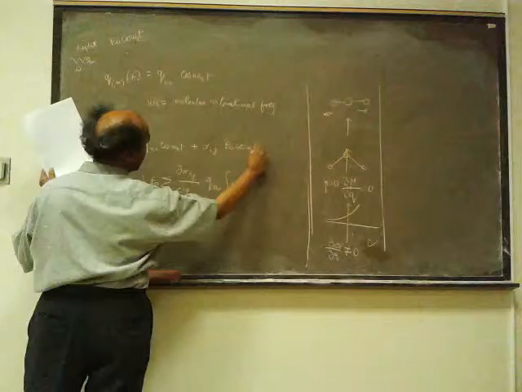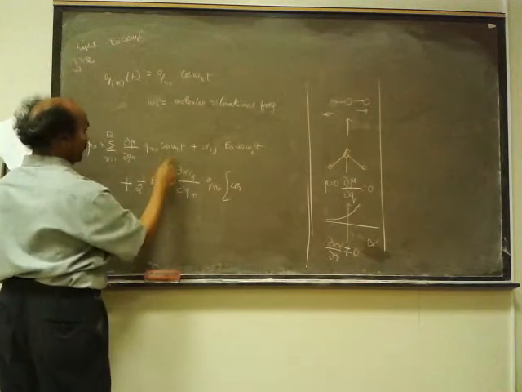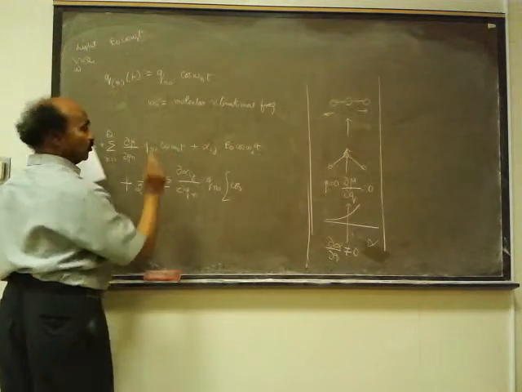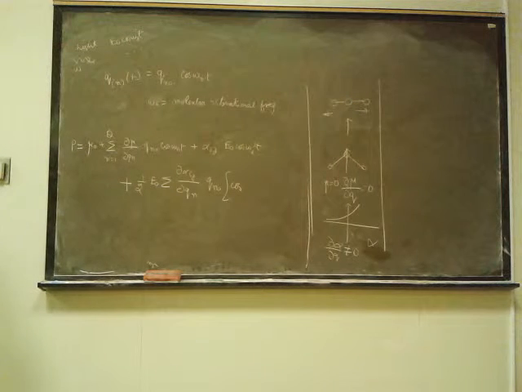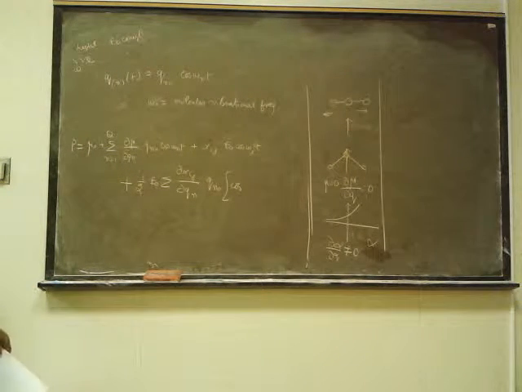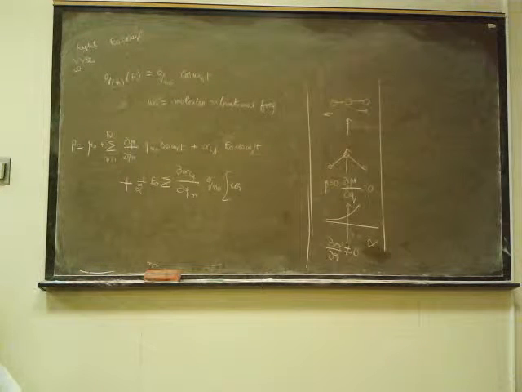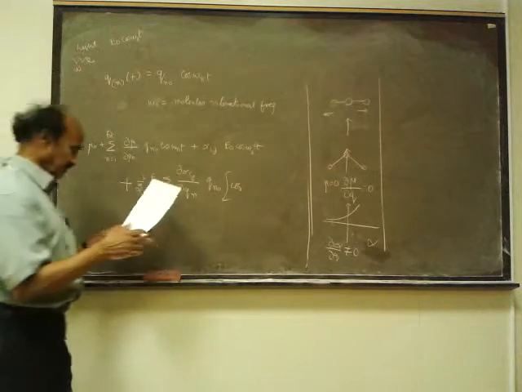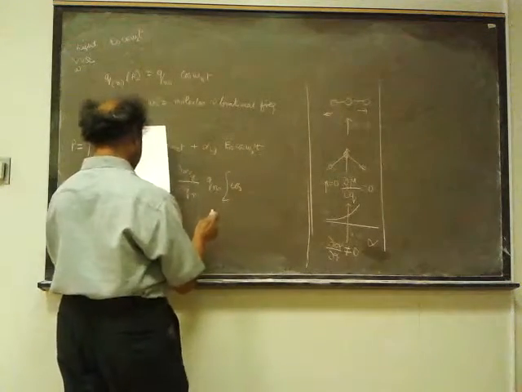L may be light or laser, it can be anything. Whereas this one is for the molecule. That is, a light of certain frequency omega is interacting with a molecule of certain frequency omega_n.